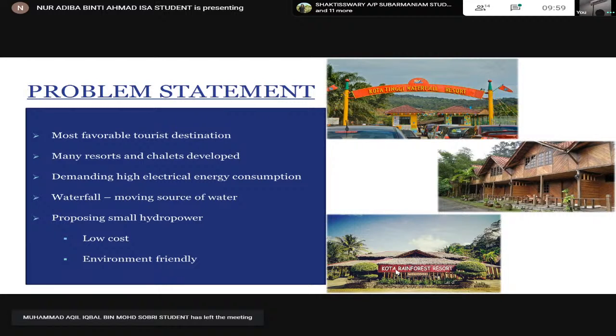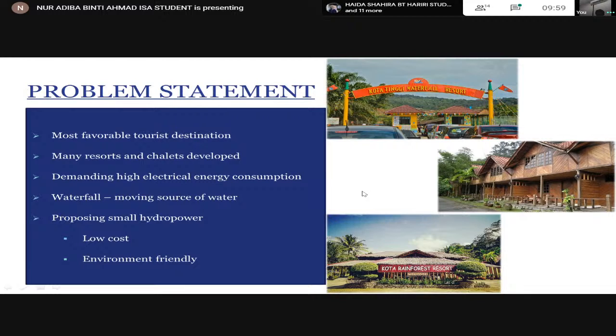The demand for electrical energy in that area is very high, and normal energy sources wouldn't be enough for that place. That is why we need a renewable energy source to make the electrical energy supply sustainable throughout the year.